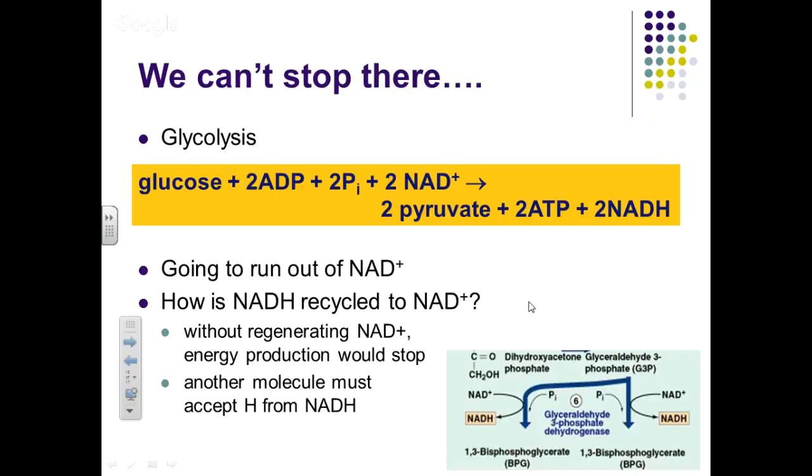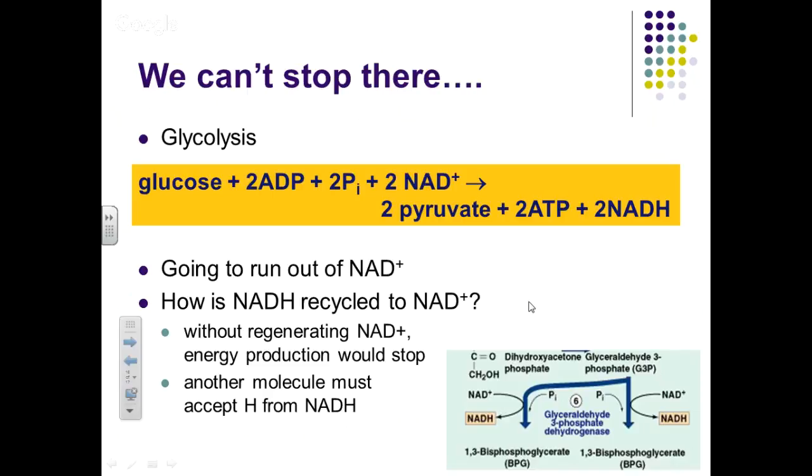Glucose should be readily available as long as the cell's not starving. It wouldn't be hard to make ADP because the cell uses ATP rapidly and converts it right back. Inorganic phosphates should be readily available as well. The problem is just NAD+, because you make NADH.